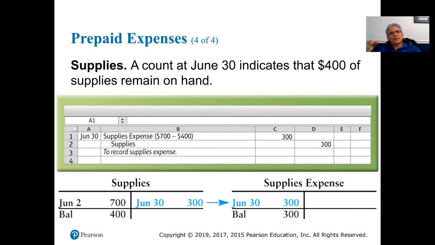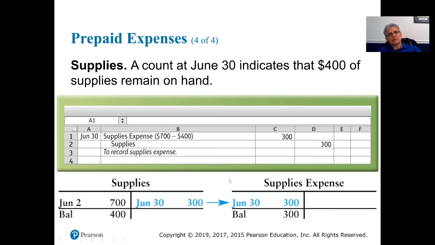And it turns out that we have $400 of supplies that remain on hand at June 30th, okay? Well, as people get a pencil or paper clips or whatever, they're not going to be updating the accounting records. It's just too much of a hassle. But at the end of the month, somebody goes in and counts and sees what is still there. And we just did that, and it turns out we have 400.